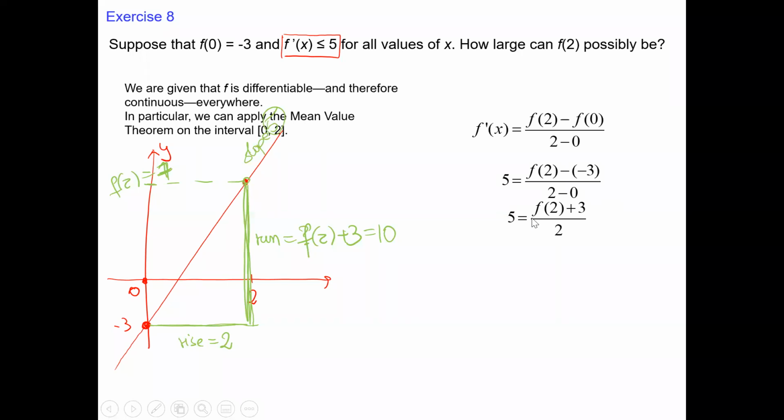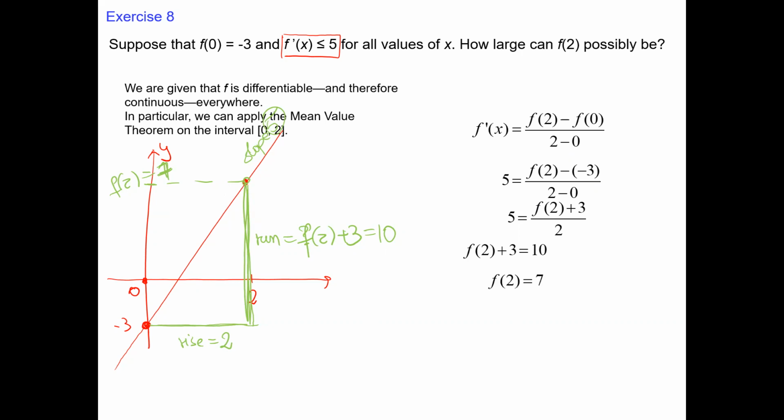The slope 5 equals the slope of the secant line, which we can't complete because we don't have f of 2. However, when I multiply by 2, we can see the same thing. f of 2 plus 3, because that will be the run line segment, must be 10, because 10 divided by 2 gives us 5.